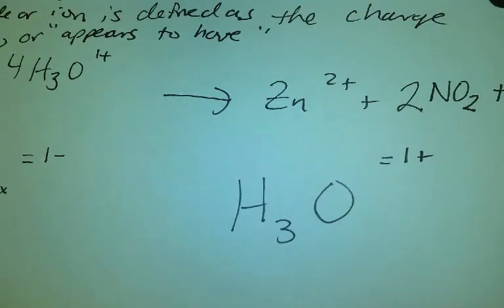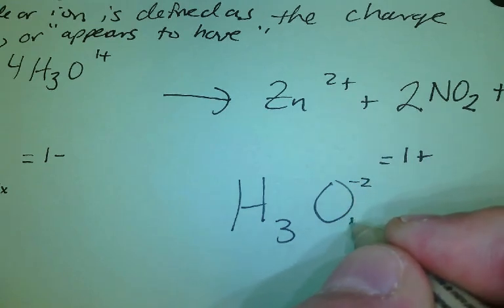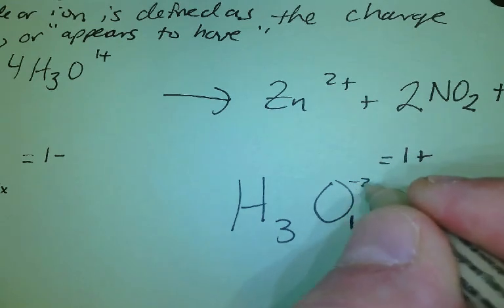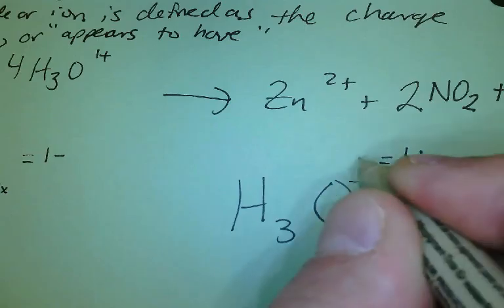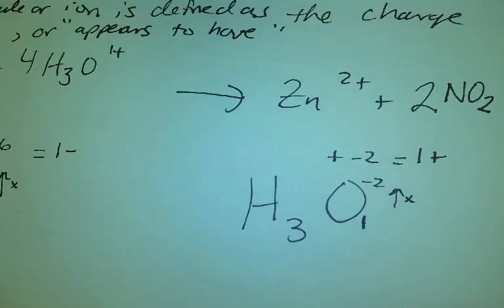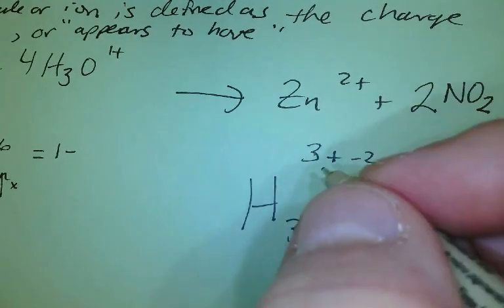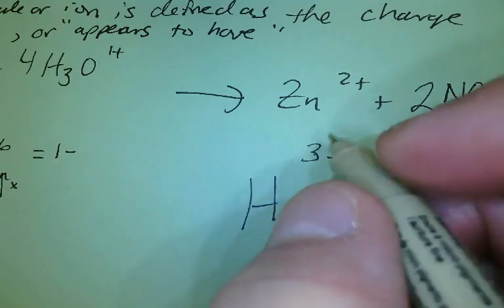Okay? What do we know about O? -2. How many O's do I have? 1. 1 times -2 is what? -2. What plus -2 is a +1? 3. 3 divided by 3 is what? 1.